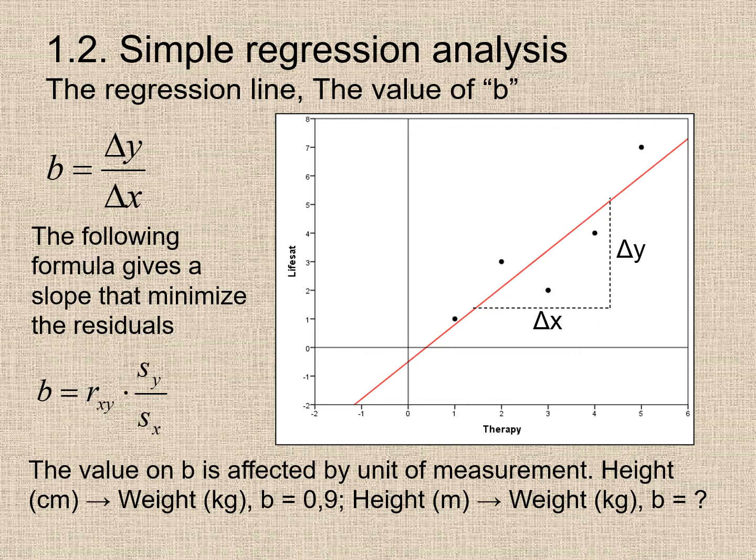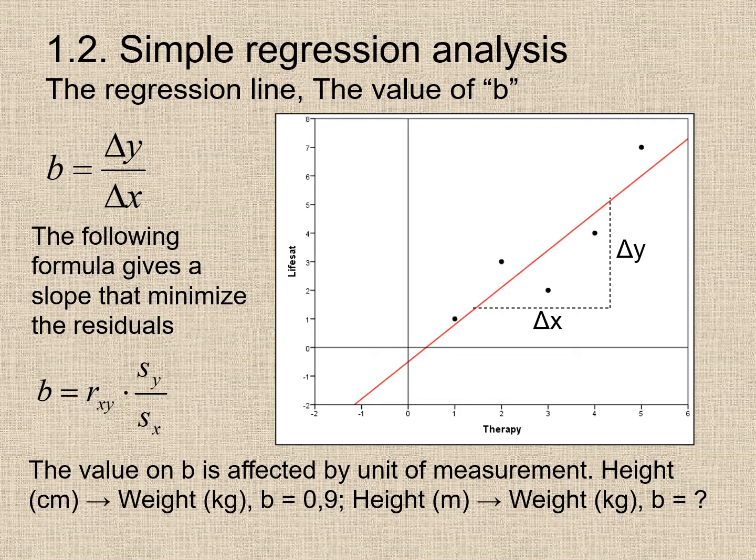Well, I'm not going too close into this, but we could use a formula like this, for instance. We take the ratio between the standard deviations of the dependent and the independent variable. We take the ratio of those and we multiply by the correlation between the independent and dependent variable. That will give us a regression coefficient that minimizes the sum of squared residuals.